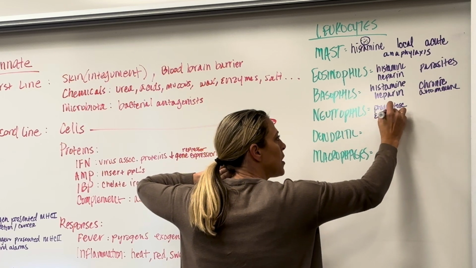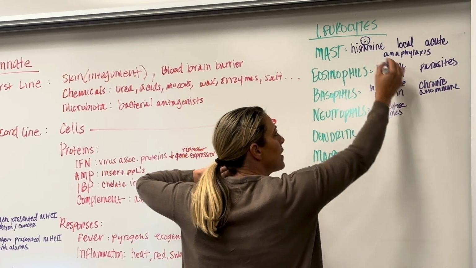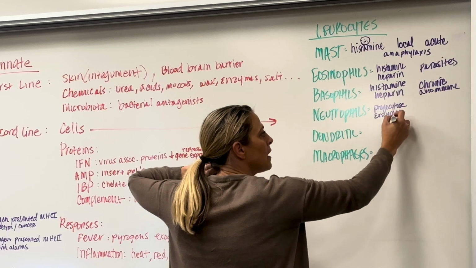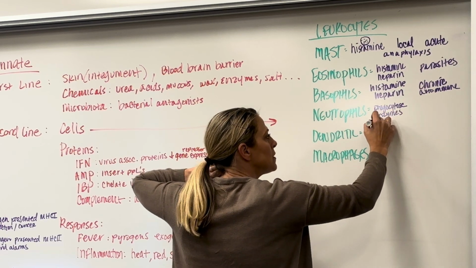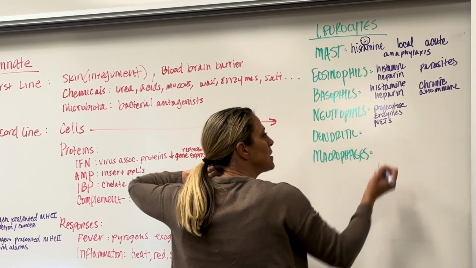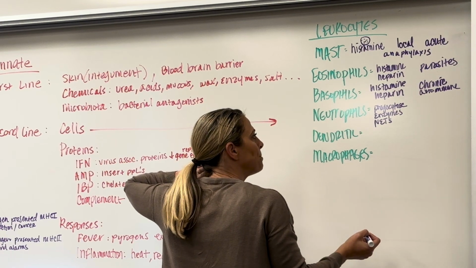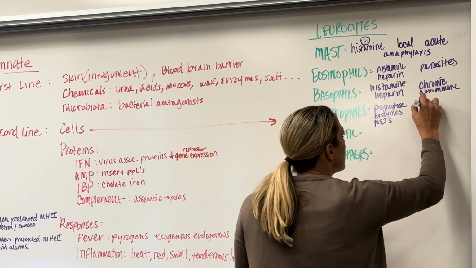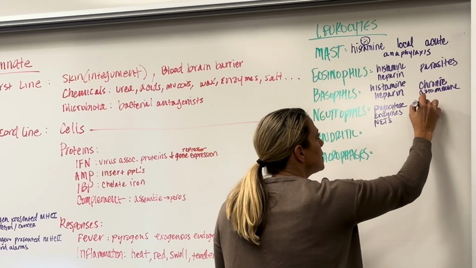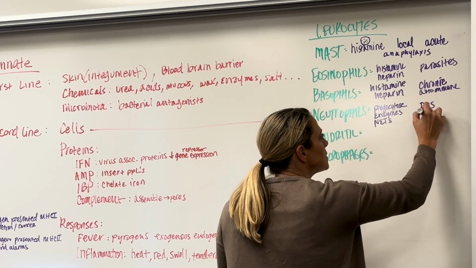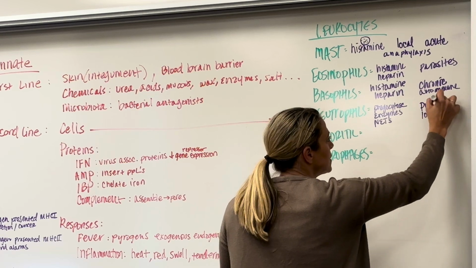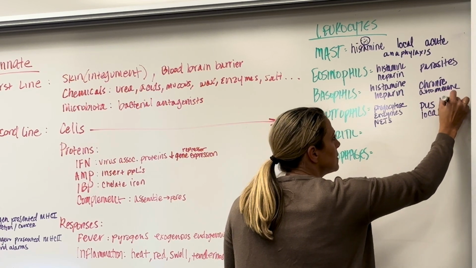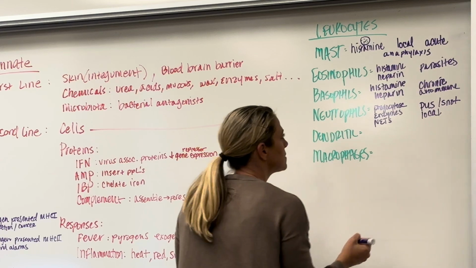They secrete toxic enzymes, because they're also a granulocyte. And what else do they do? They NET, yeah. Okay, so what do they do? Pus. It's not local infection. Yes, okay.